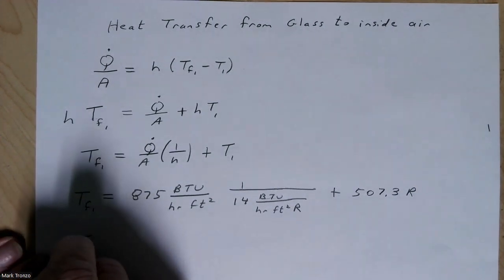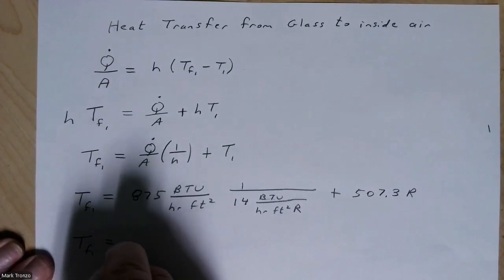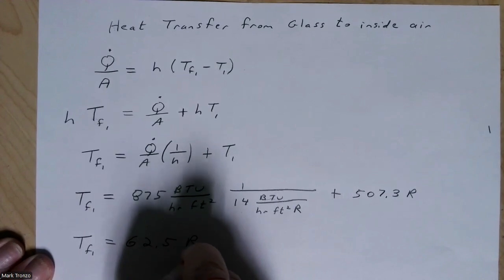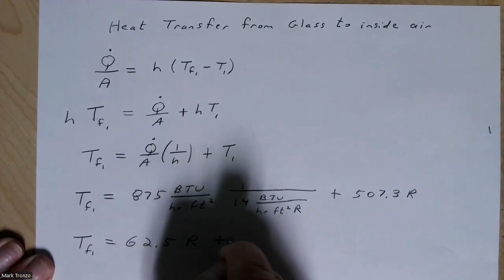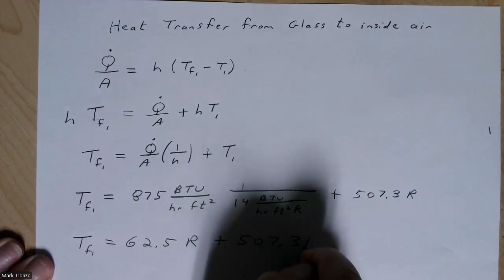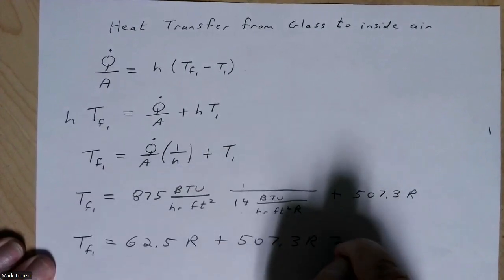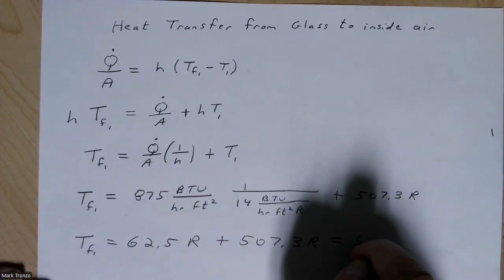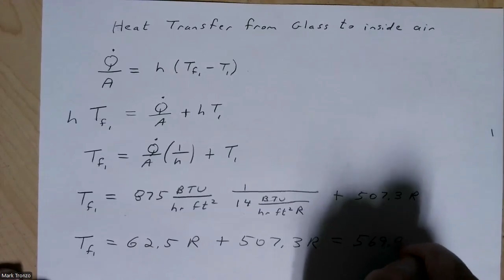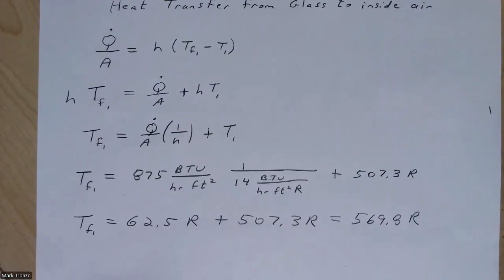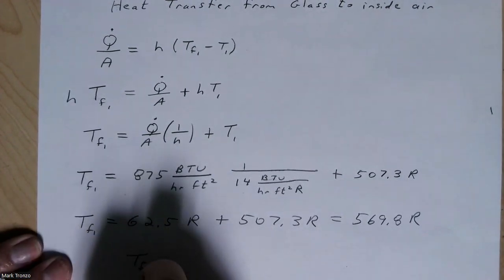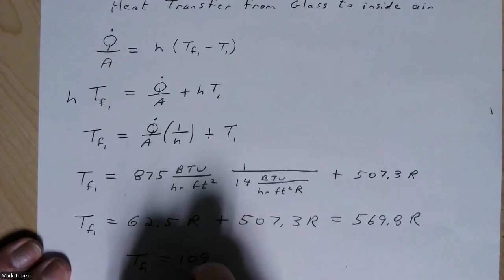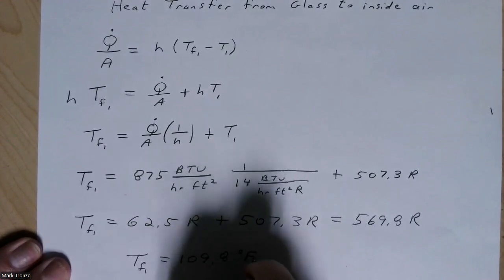And TF1 is 62.5 R plus 507.3 R. That gives us this, and then TF1 is 109.8 degrees Fahrenheit.